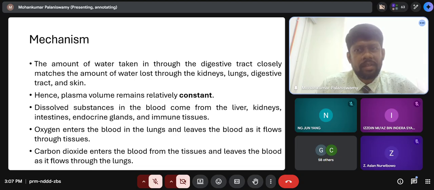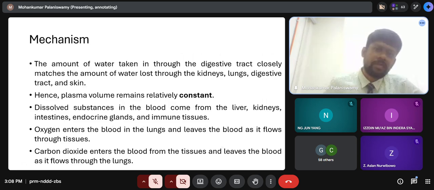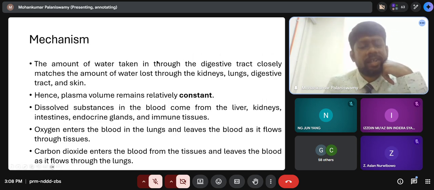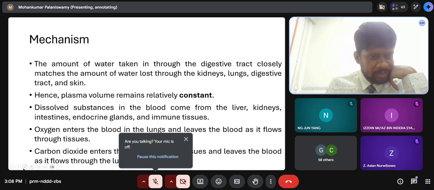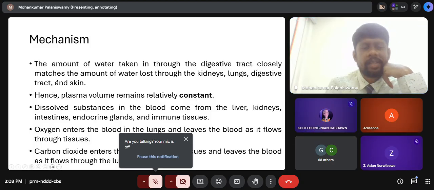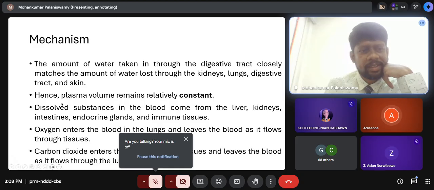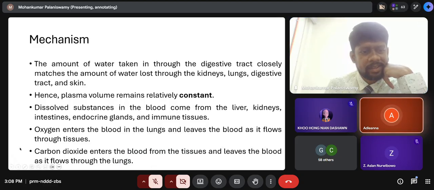Anyone? Junior Doctor, yes. Does it mean that the amount of water taken is to replace the amount of water that is lost?